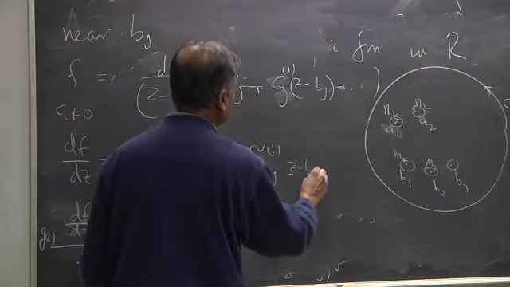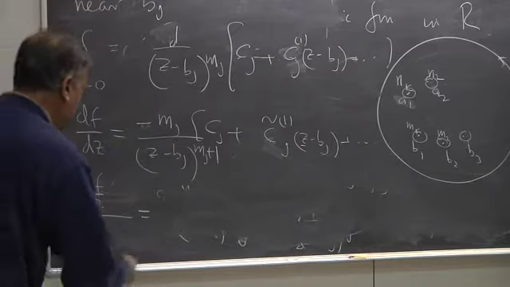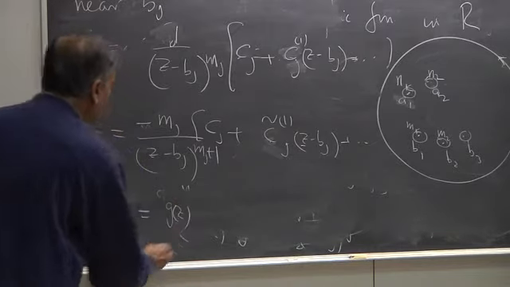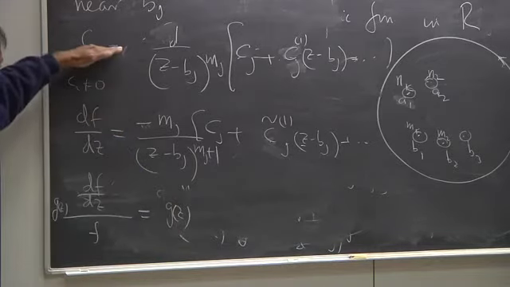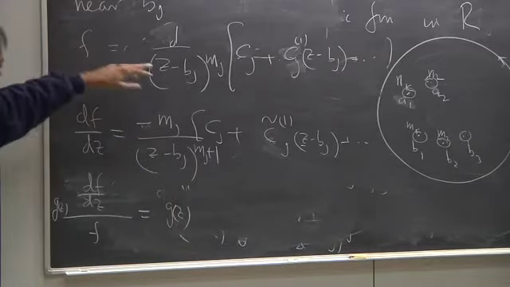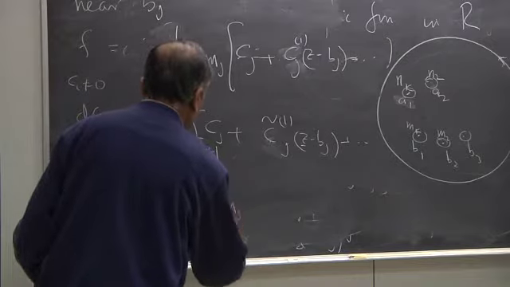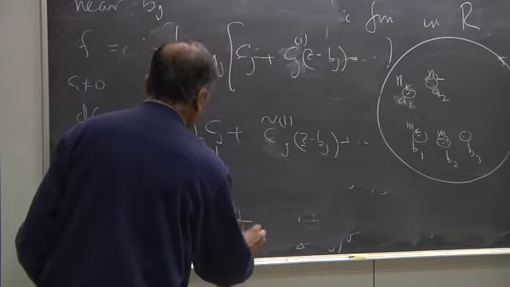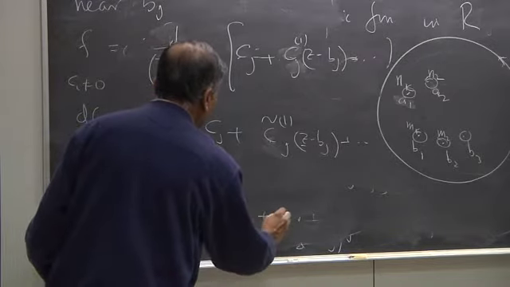Now take the ratio of the two, and this time you find, okay, g is still there, g I keep as it is. Ratio this divided by that, you see the mj power cancels, but there is still one left over. Cj also cancels, right? And then there is simply minus mj. So this is minus mj times 1 over (z minus bj), plus regular terms.